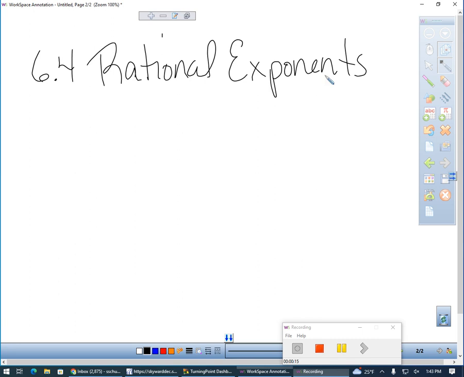Remember that I always have a base, and I'm going to use b for my base right now, and I have an exponent here. If I have a fractional exponent, that fractional exponent represents power over roots every time. So we're going to be able to simplify things with those rational exponents. The rational exponent, again, is power over root.